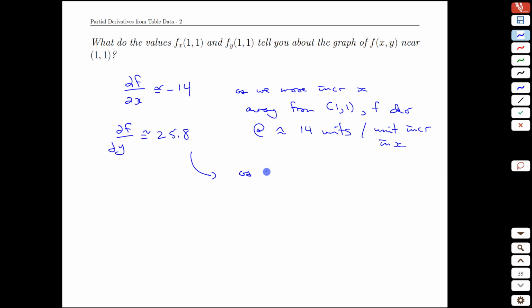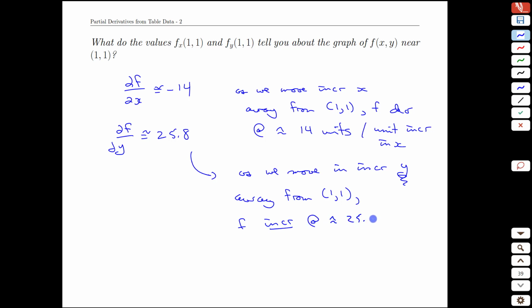Likewise, as we move in the increasing y direction away from the point (1, 1) again, then f increases at a rate of approximately 25.8 units in f per unit of y motion.